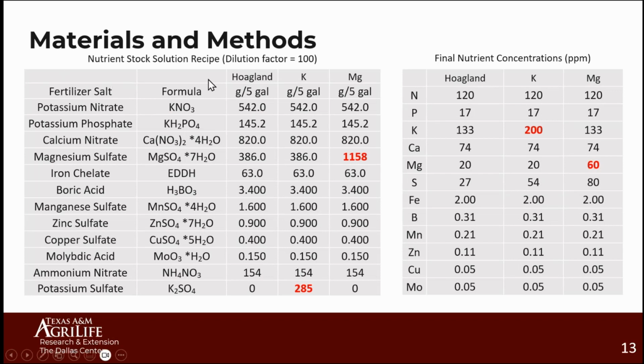Here is an example of how I made these customized nutrient solutions. Still, we use Dosatron. The dilution factor is 100. So these are the nutrient stock solutions. They are 100 times concentrated solutions. If you want to use them in your hydroponic system, you need to dilute them 100 times. For example, this is the original Hoagland, and this is our enhanced potassium nutrient solution recipe.